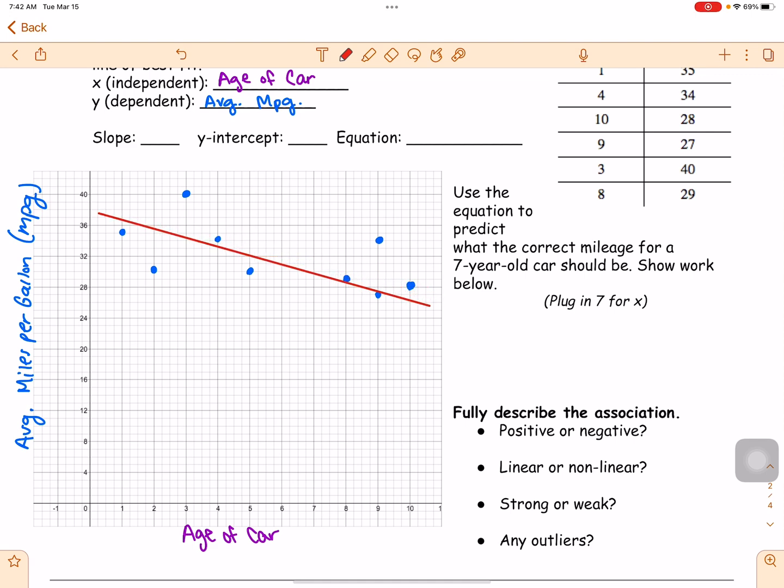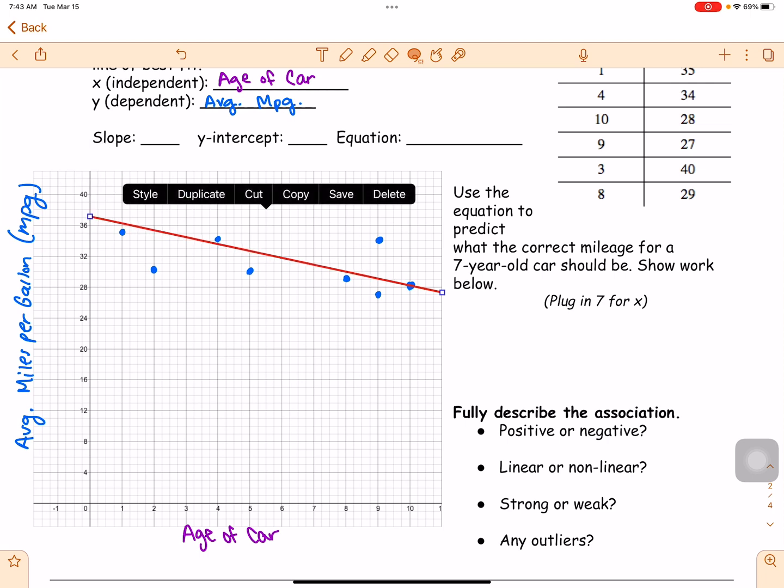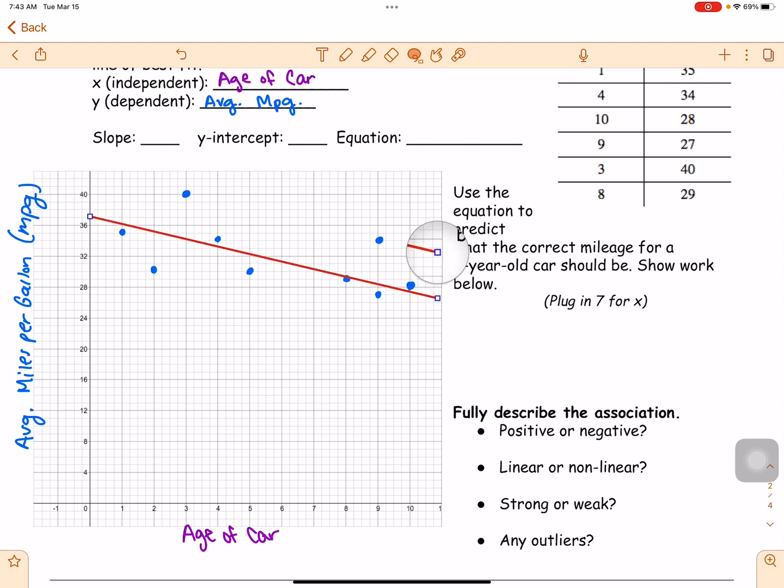Your line of best fit could be anything like this, something like that. I'm trying to balance it, because even though these are still way up here, I'm trying to get closer to all the data that's here as well.